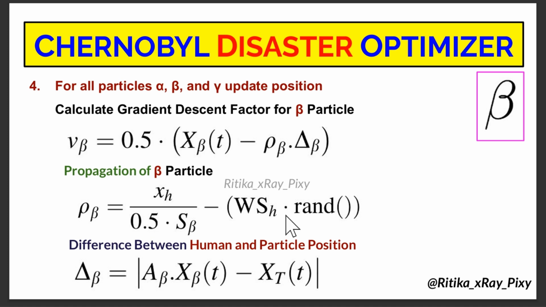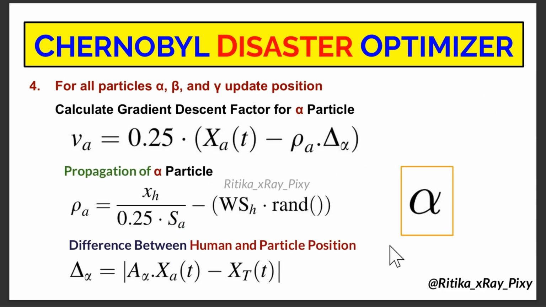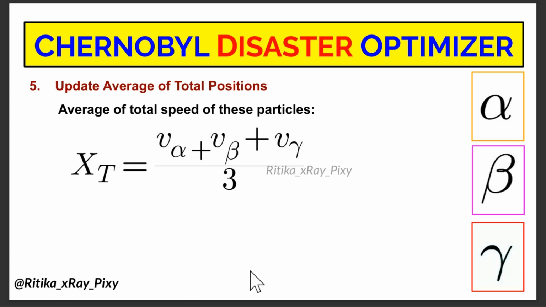After this, we will calculate the gradient descent factor for the alpha particle using this equation. 0.25 into alpha particle position minus propagation of the alpha particle into the difference between the human position and the position of the alpha particle, and we will calculate the propagation of the alpha particle using this equation. So similarly we will calculate all.